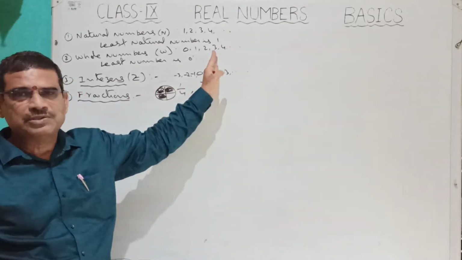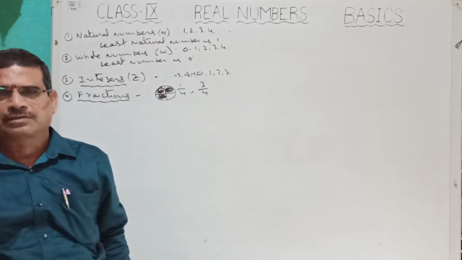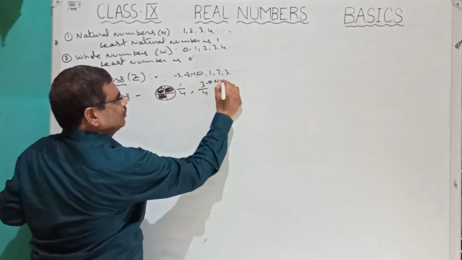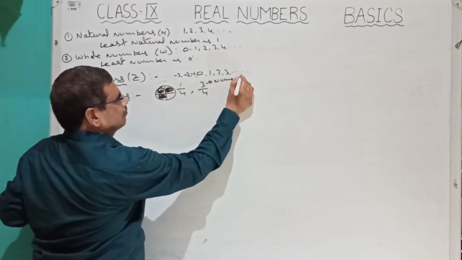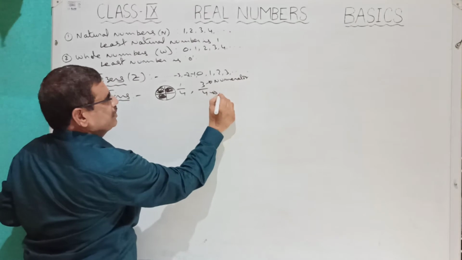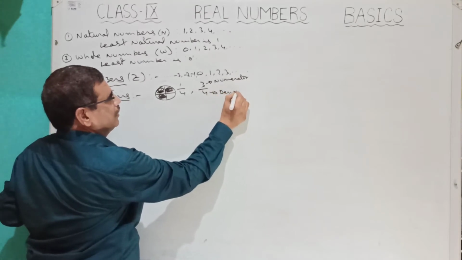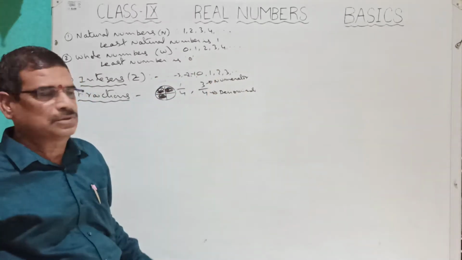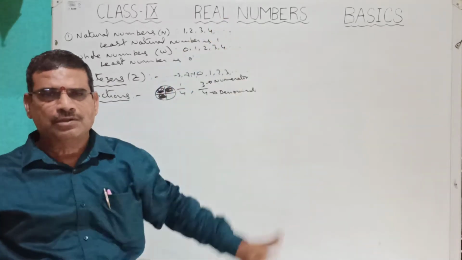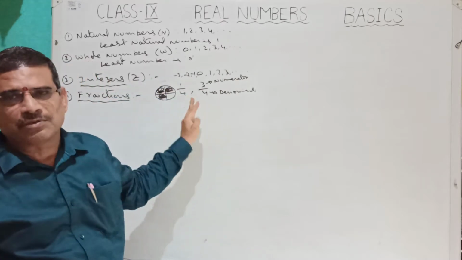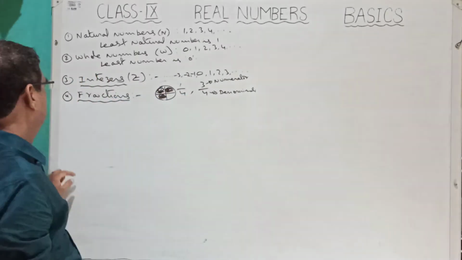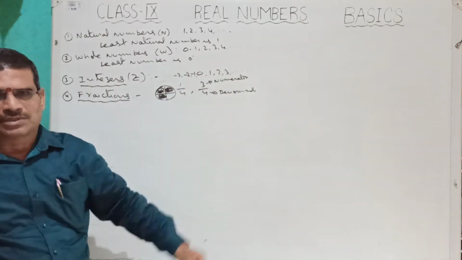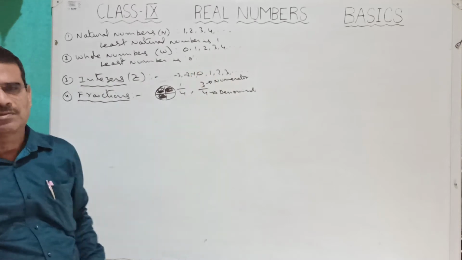So this is called a fraction. In a fraction, the above number is called the numerator, and the below number, the bottom number, is called the denominator. These are all the basic steps. So all of these are called rational numbers.